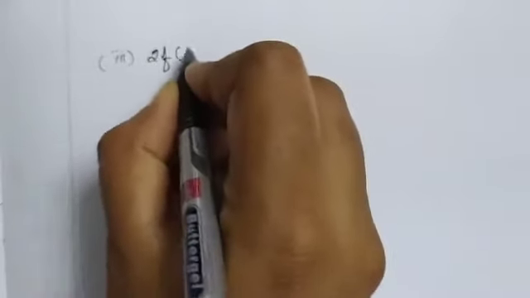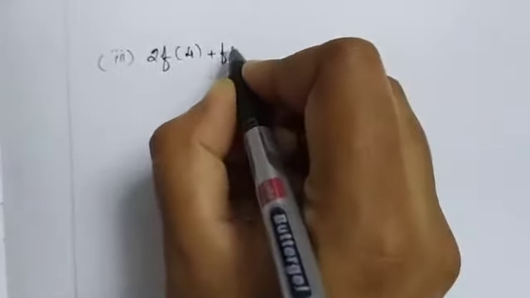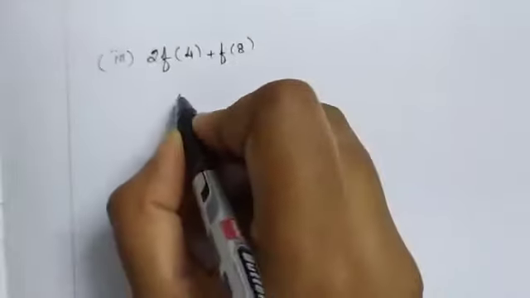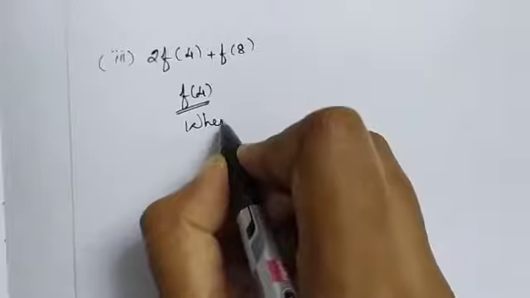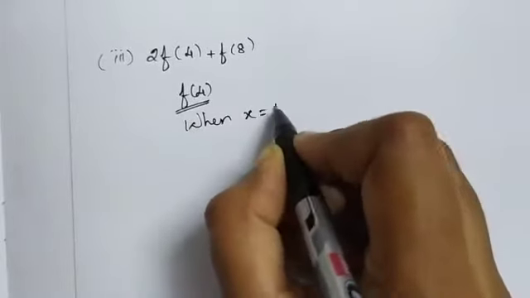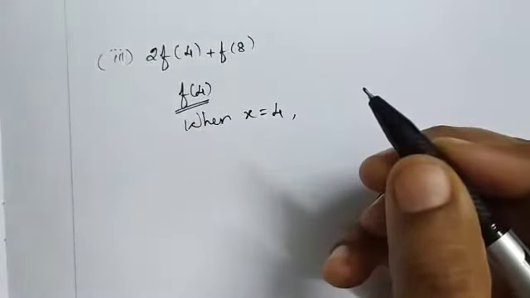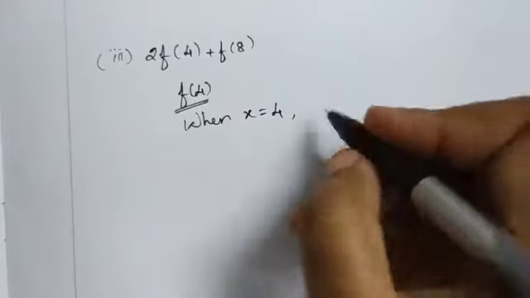Two into f of 4 plus f of 8. First, f of 4. When x is equal to 4, see where is 4? Yes, correct, second line.